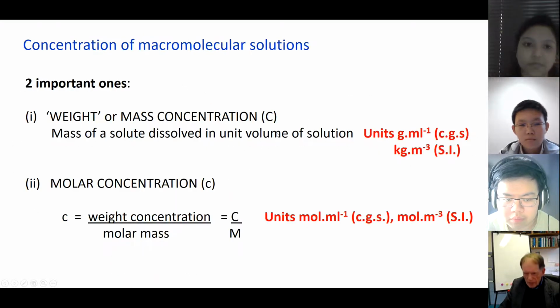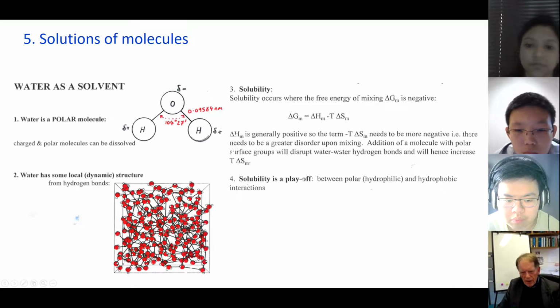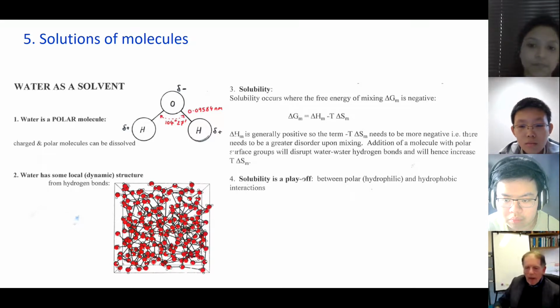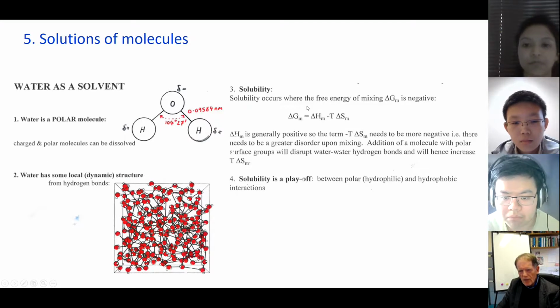That's what happens when we dissolve a macromolecule. It disrupts the hydrogen bond structure within water, which is favorable, at least in terms of the entropy change, because it becomes more random. However, because we're breaking bonds, that leads to a positive change in the enthalpy or heat energy, which is not favorable.